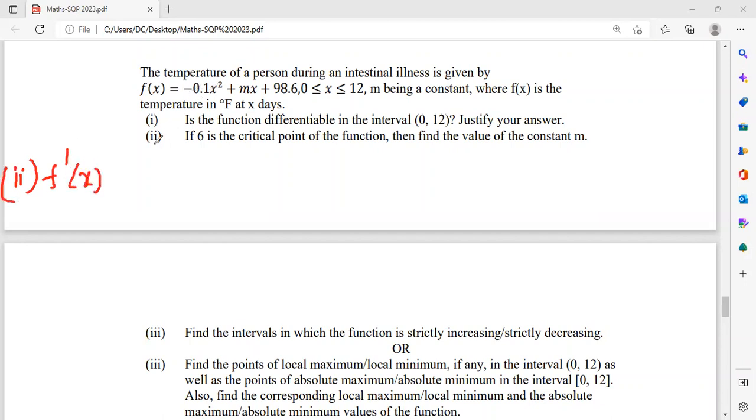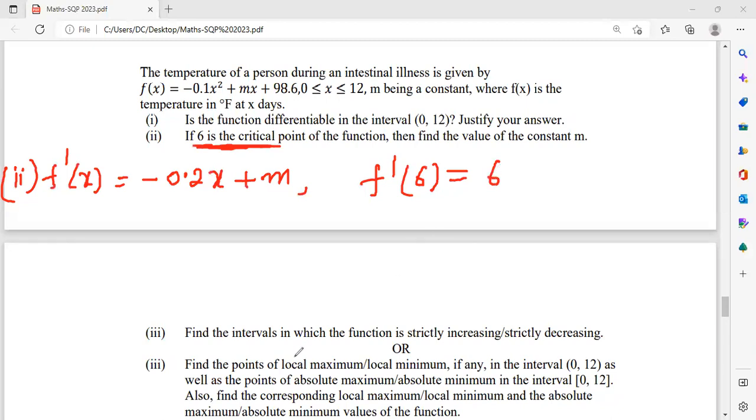The derivative of this is minus 0.2x plus m. At a critical point, we know f'(x) should be 0. Since x equal to 6 is a critical point, it means f'(6) should be 0.